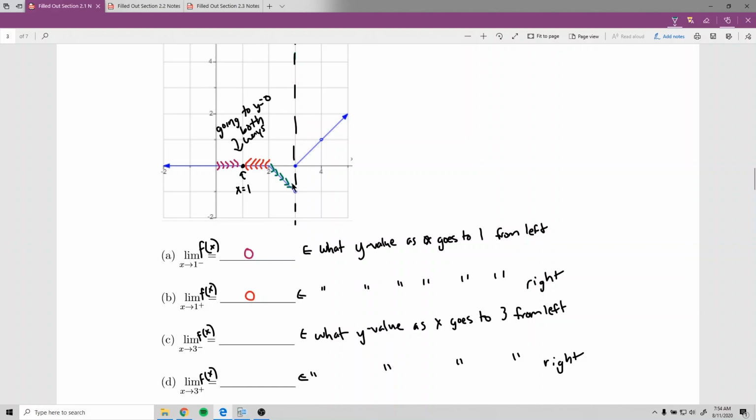It doesn't matter that this is an open circle, because it's about what y value we are going towards. So open circles don't matter for limits because it's just what we are going towards. And the y value we're walking towards is -1.